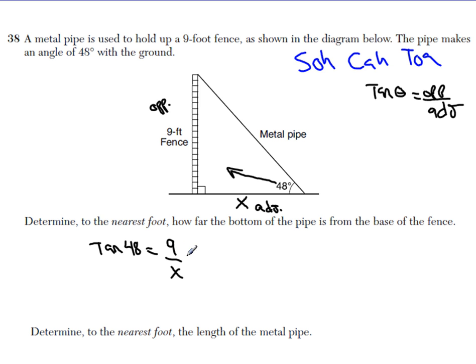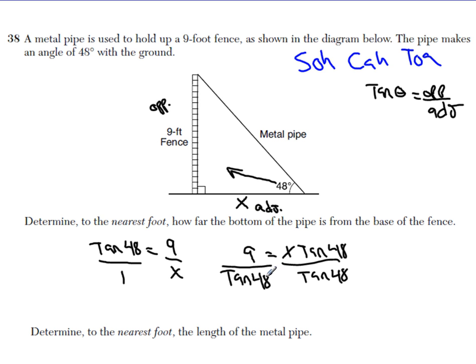Okay, so now I'm going to just go ahead and cross multiply, put this over 1. 9 times 1 is 9. Tan of 48 times x is x times tan of 48. Divide both sides by the tan of 48. And this is going to cancel out. And we get x equals, so we have to work this out.